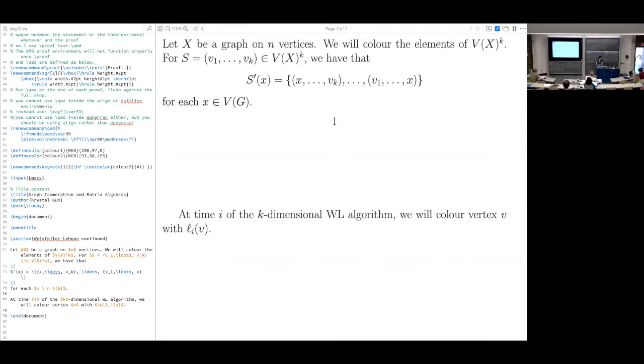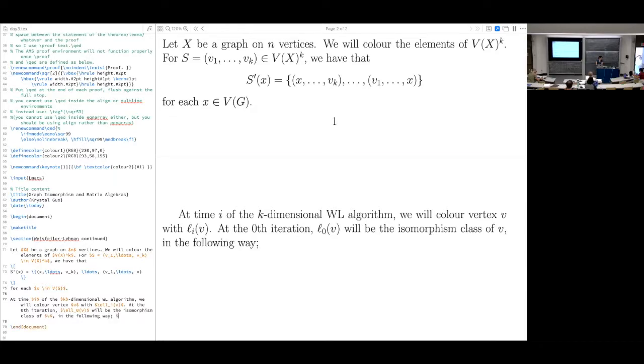So first, the 0th iteration: L0 of v will be the isomorphism class of v in the following way. Two tuples need to be equal as labeled graphs.